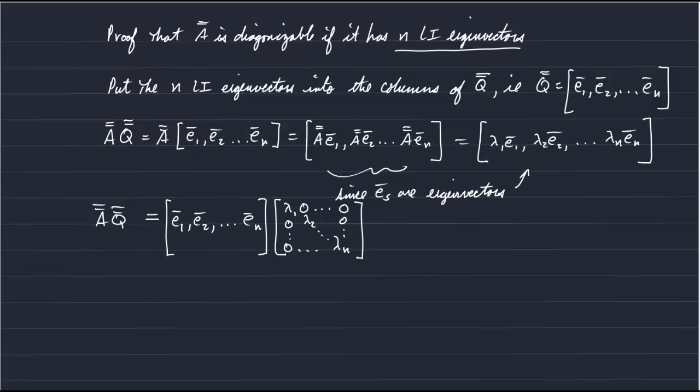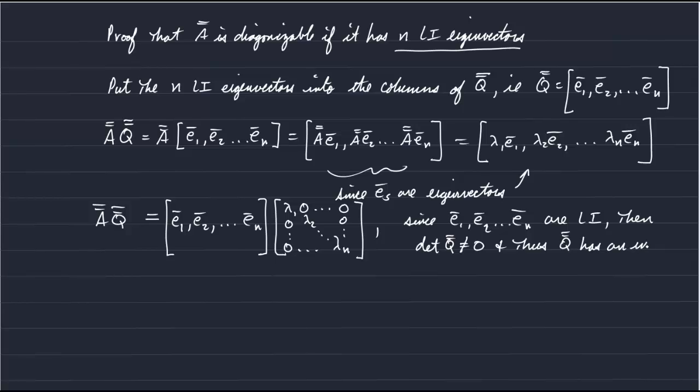And from there, we know that since the eigenvectors E1, E2, all the way out to En are linearly independent, then the determinant of Q is not equal to 0, and thus Q has an inverse. It's invertible.